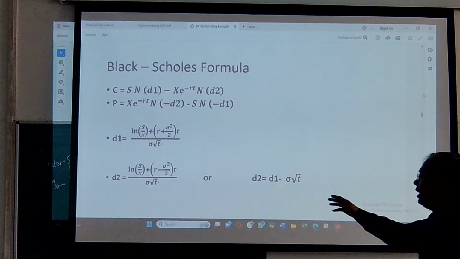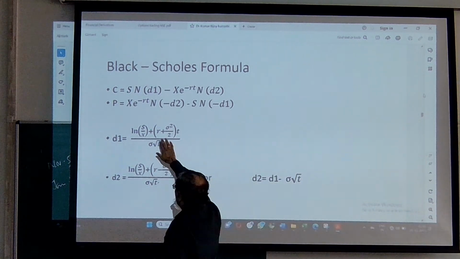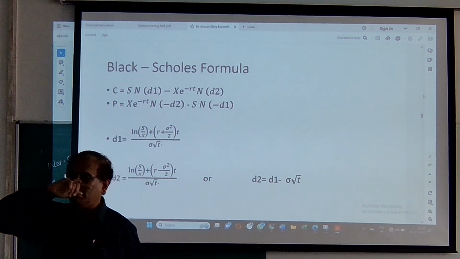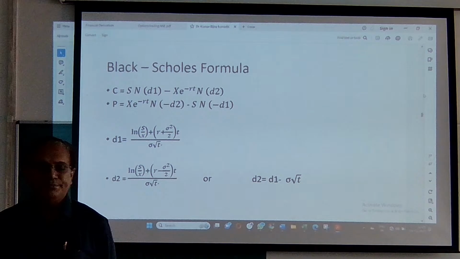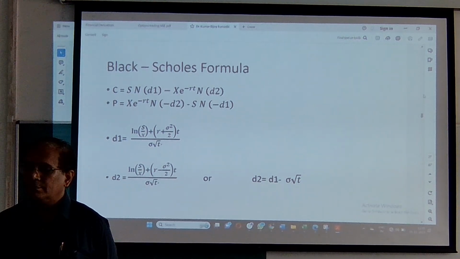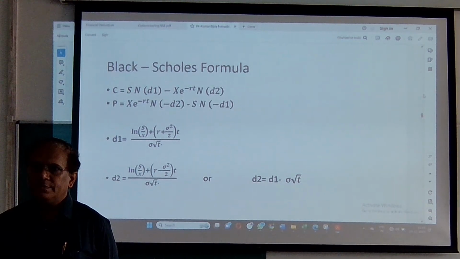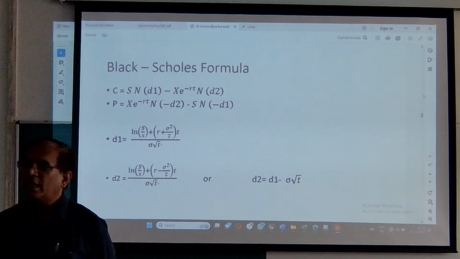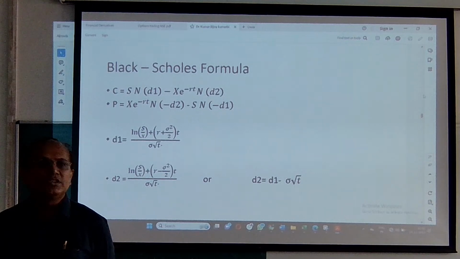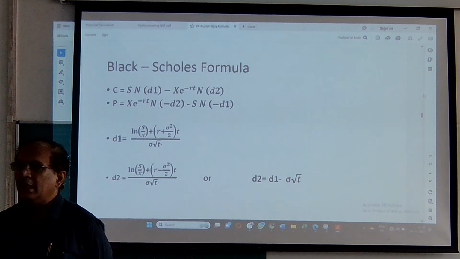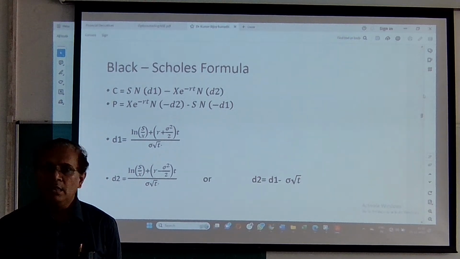And now you calculate: it is 0.07 plus sigma, which is not known to you. I am giving you sigma, say 10%. So 0.1 square is 0.01, sigma square, right? 10% is the sigma I am using.